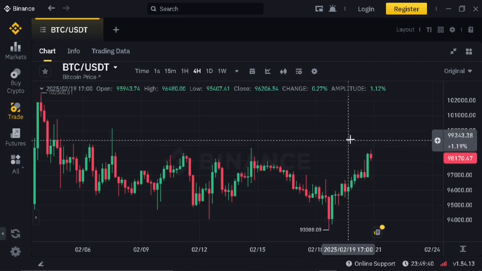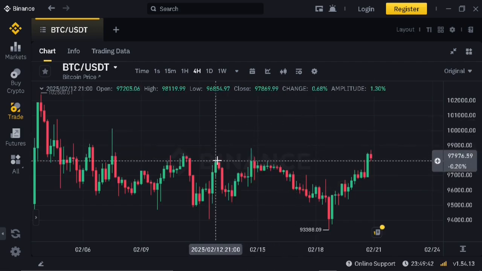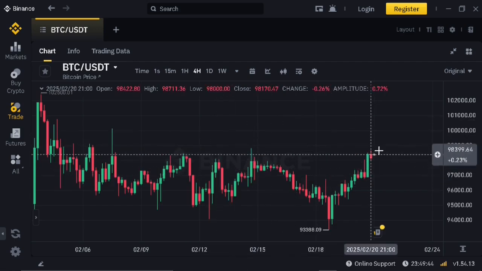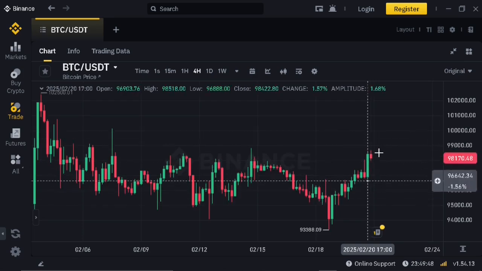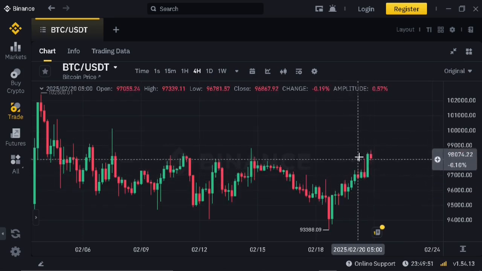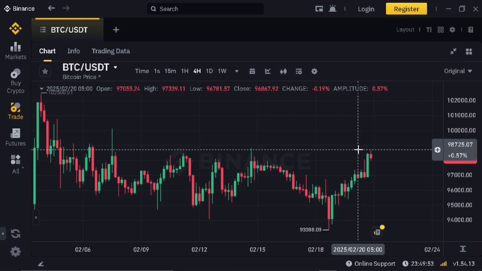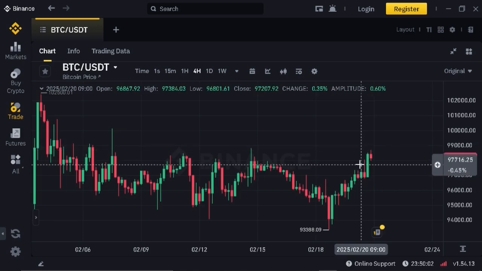For example, as you can see on the candlestick price chart data, the latest 4 hours candlestick of the BTC USDT cryptocurrency is convincingly trading in a red candlestick, and that means you cannot open a long trade position until the latest 4 hours candlestick of the BTC USDT cryptocurrency is convincingly trading in a green candlestick.